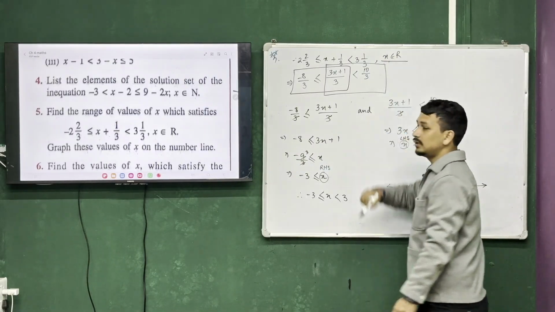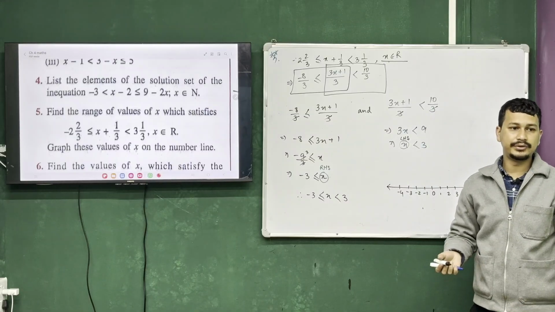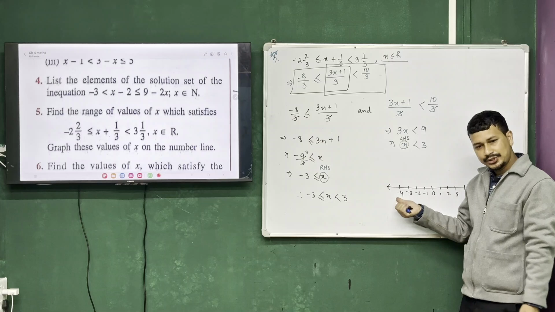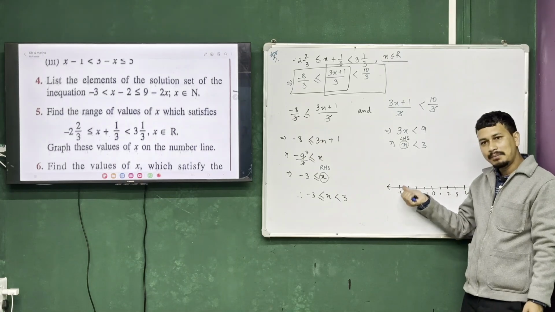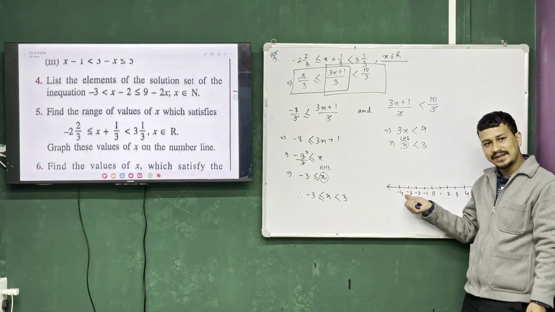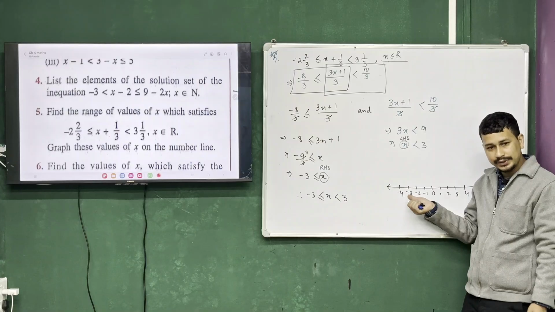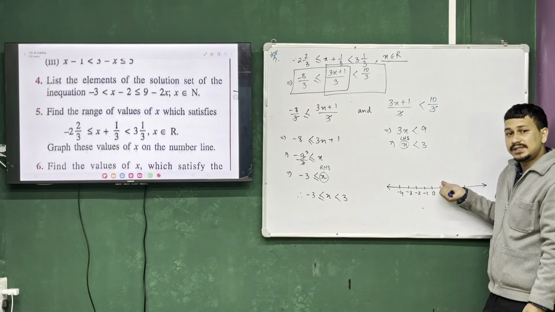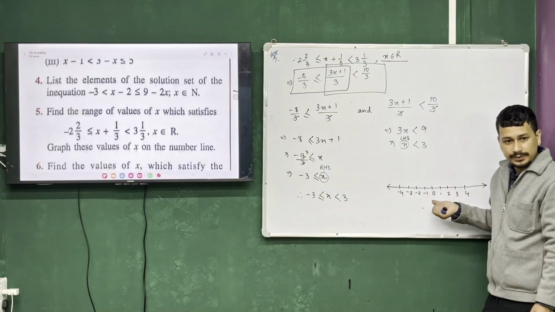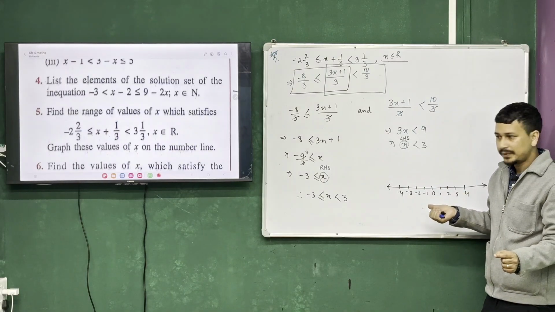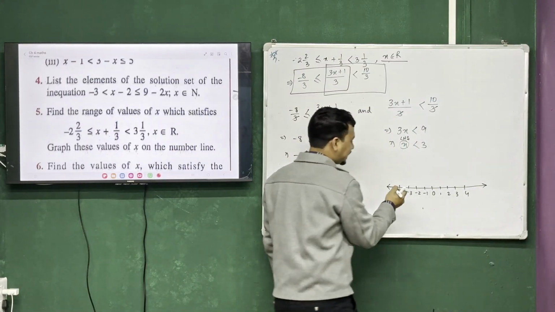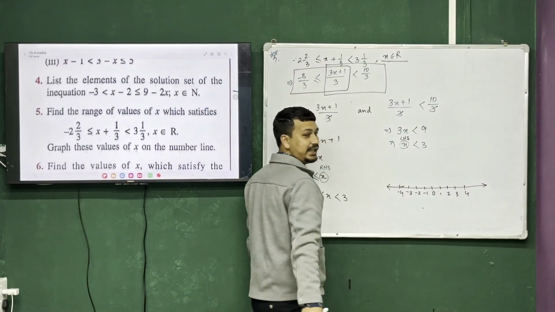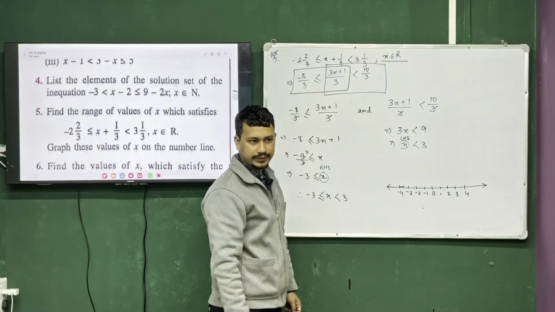X belongs to real number. Real number means all the numbers, right? So that means minus 3, minus 2.9, minus 2.8, minus 2.7, minus 2.6, those will also be included, right? 0, 0.1, 0.2, 0.3, 0.4, 0.5, those numbers will also be included. Do you agree? So, if I start drawing dots for every number, there will be infinitely many dots, right?